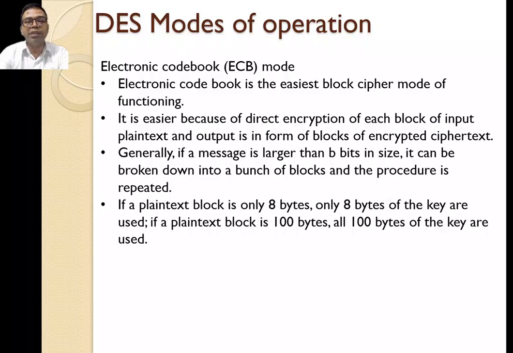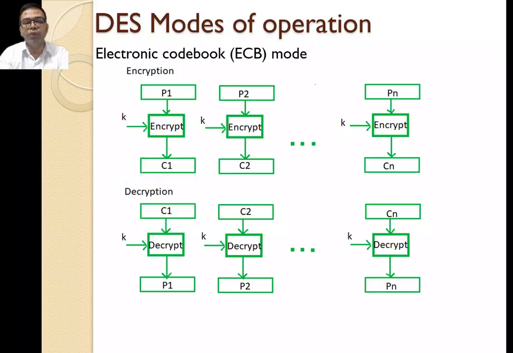Generally, if an input message is larger than B bits in size, it is broken down into a bunch of smaller blocks and the procedure is repeated for each block.